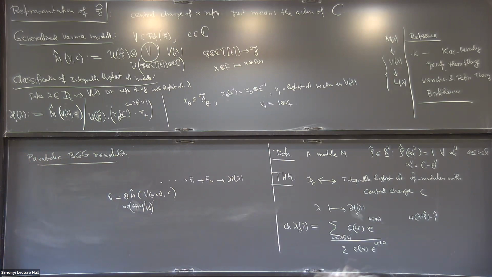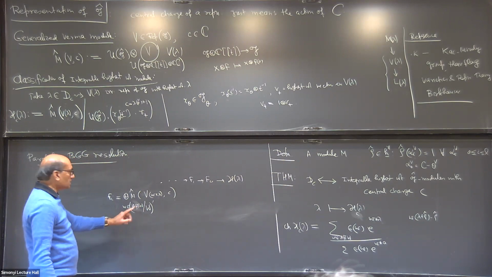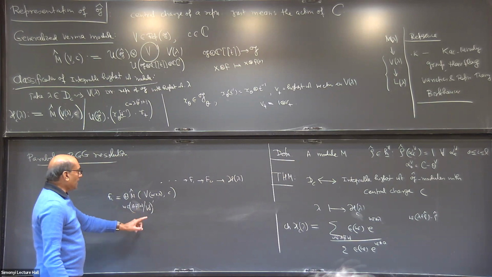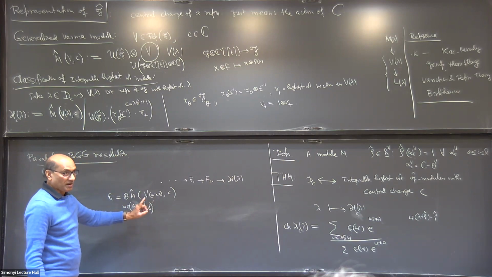Indexed by cosets or double cosets? No, cosets. So I'm taking affine W modulo finite W, and I am taking the smallest coset representative. That's important.